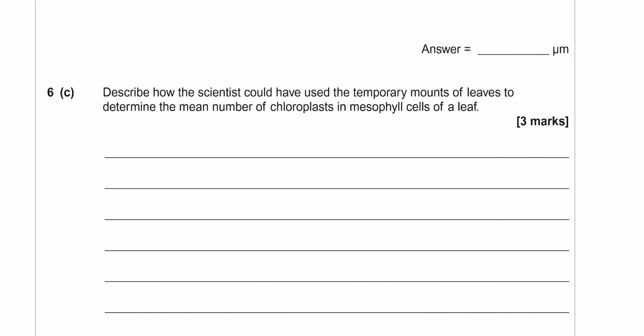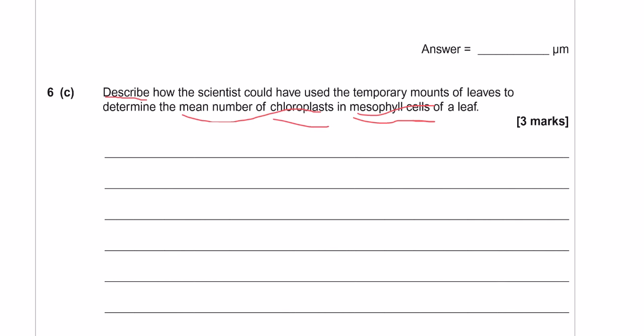The next question is really testing your math skills. It's saying describe how they could have used temporary mounts of leaves to determine the mean number of chloroplasts in mesophyll cells of a leaf. Well, the first thing you're going to have to do is select a large number of mesophyll cells. You can select them at random, but you select the number of cells.